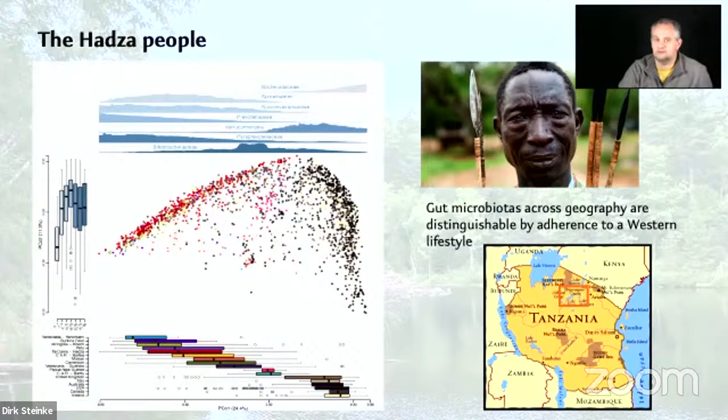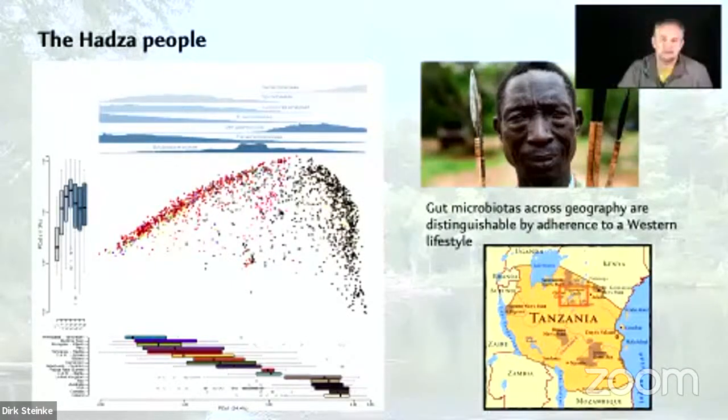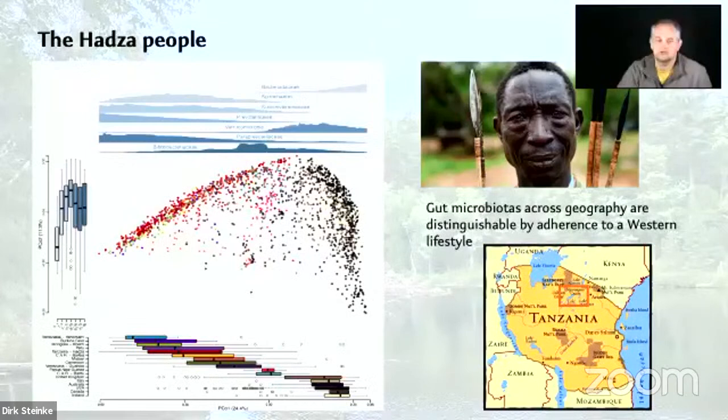And they had picked on a particular group of people because it's thought that these people, the Hadza in Tanzania, have one of the most ancient lifestyles we can imagine, because they are not farmers. They don't have livestock. They live completely opportunistically. So they're still hunters and gatherers. There's only 200 of them remaining in a small area there. And they're trying to keep their ways of living up.